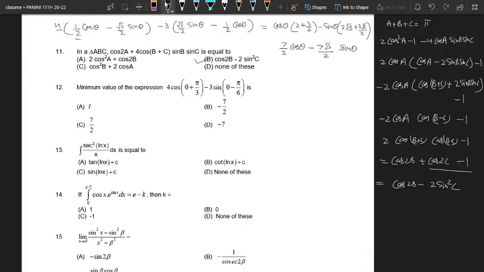Under the root, this is 49 by 4 plus 49 multiplied by 3, that is 147, divided by 4.